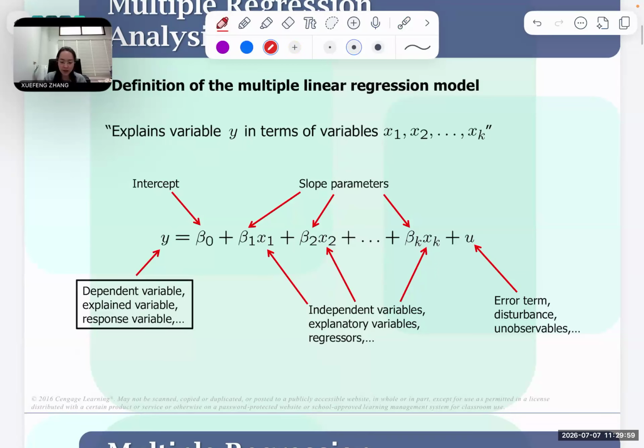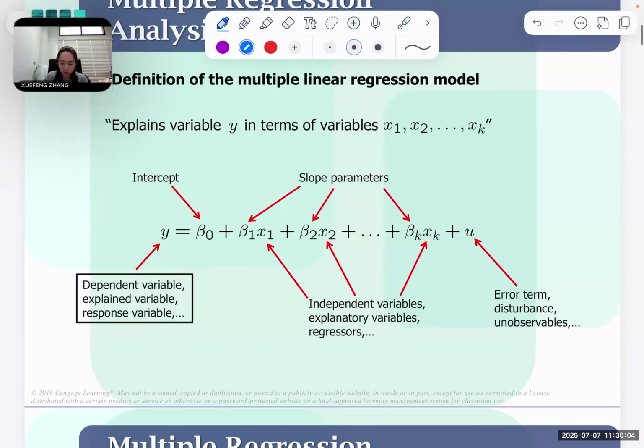Let's think about one example. Suppose y is wage. X1 is education. X2, maybe we can have experience.